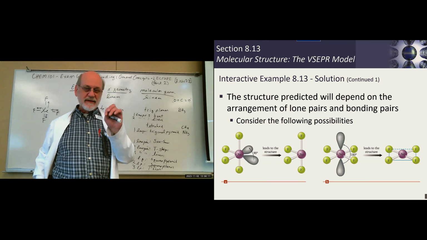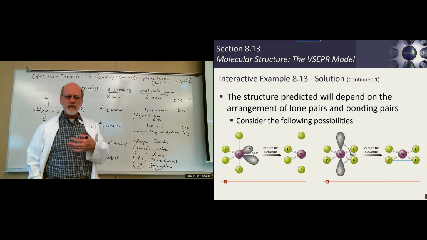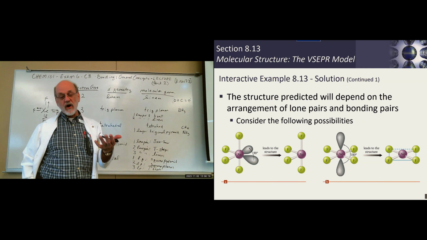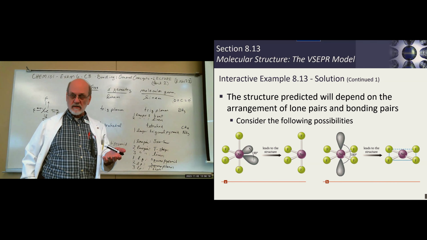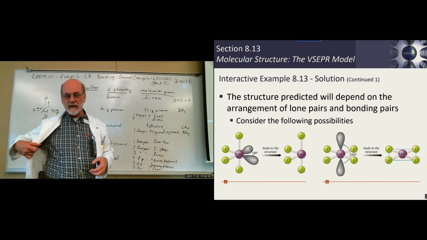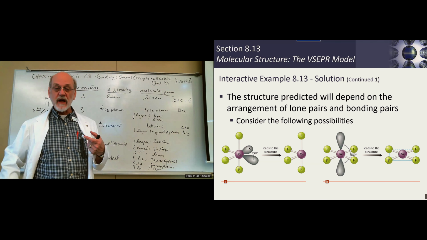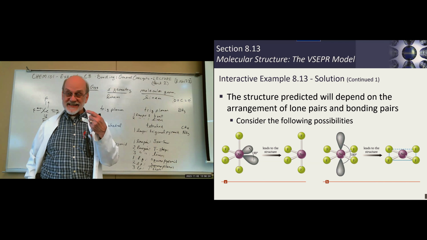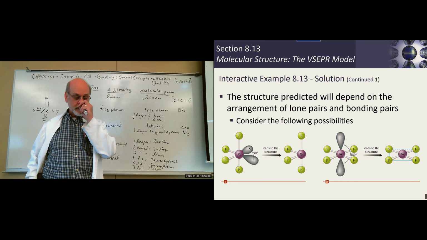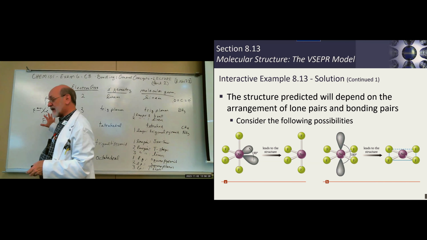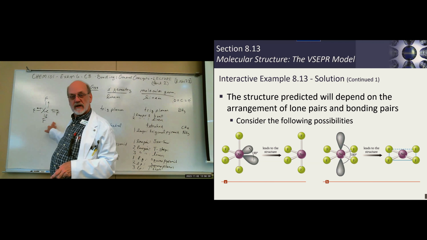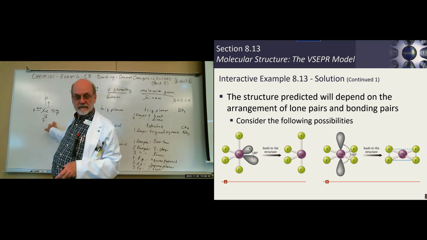Right. But of course, researchers had to determine whether or not those lone pairs were on the square or they were on the apexes. And the polarity of the molecule helped them to decide which one was correct. Right? If they occur like this, like we know they do, then the molecule is nonpolar.